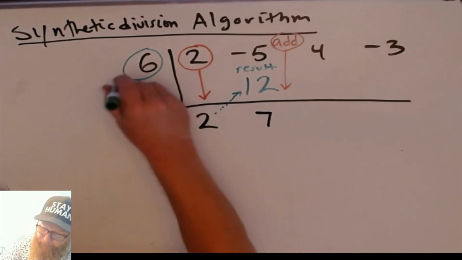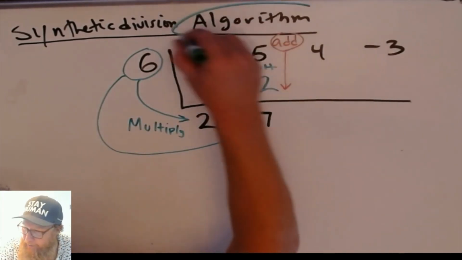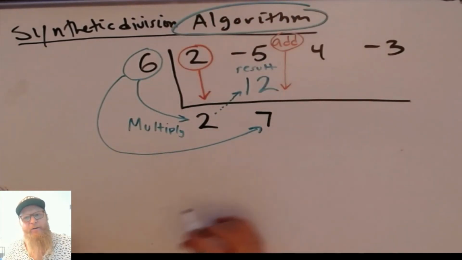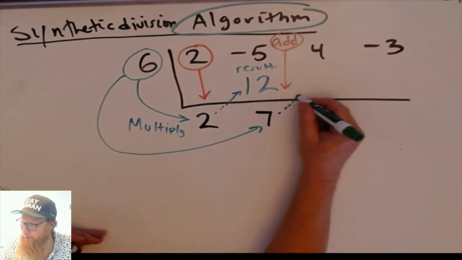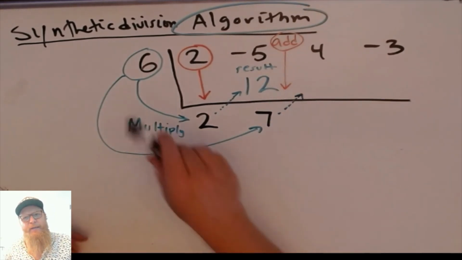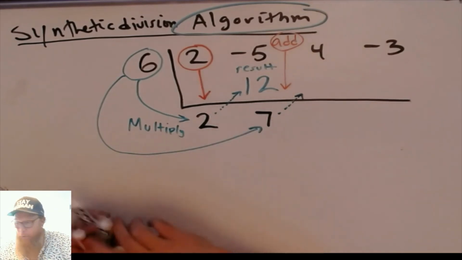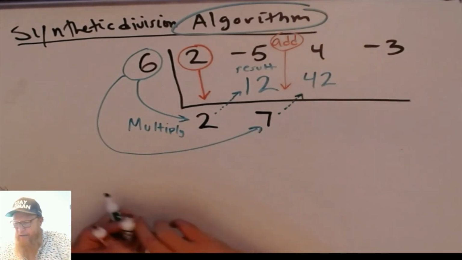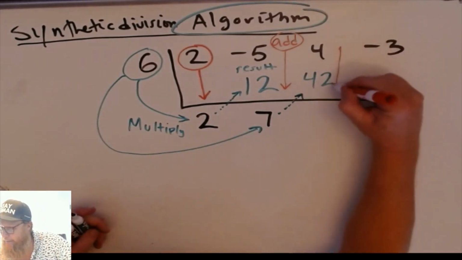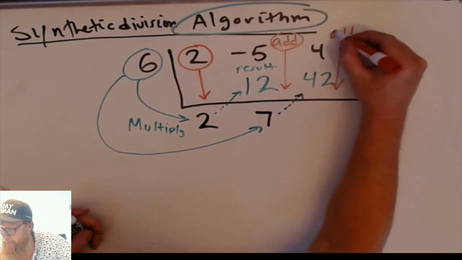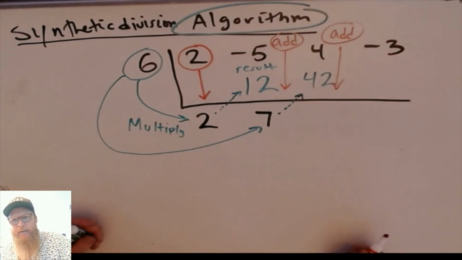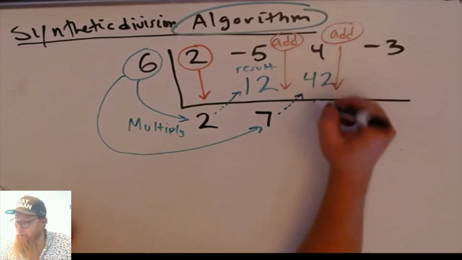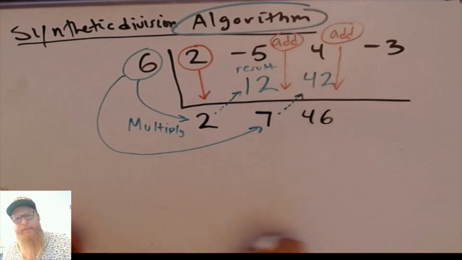Then I multiply again. So it is an algorithm. You're going to repeat this process over and over again. And then put the result here. So 6 times 7 is 42. And then you add. So 4 and 42 is 46.